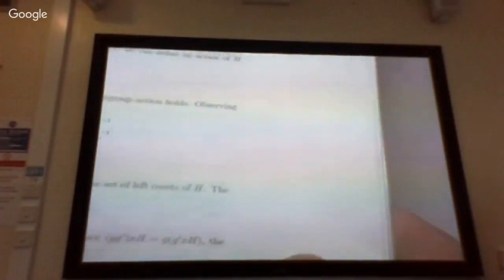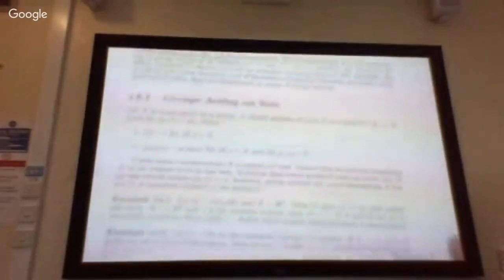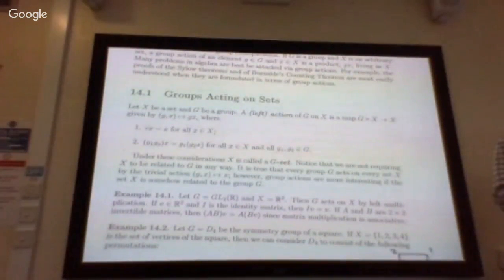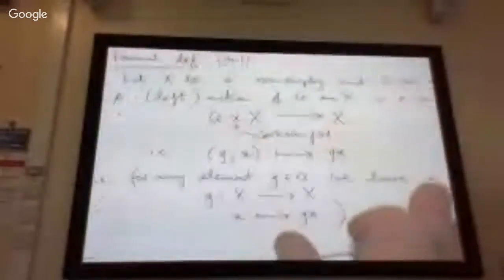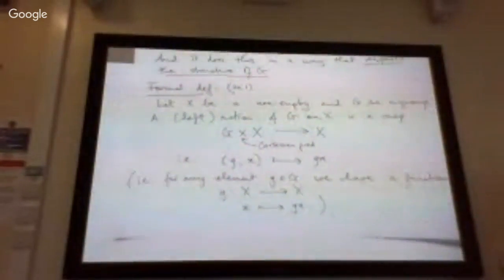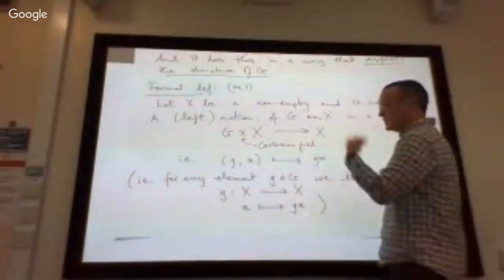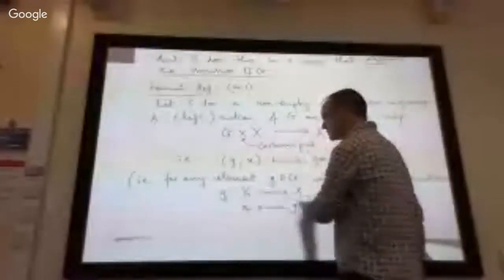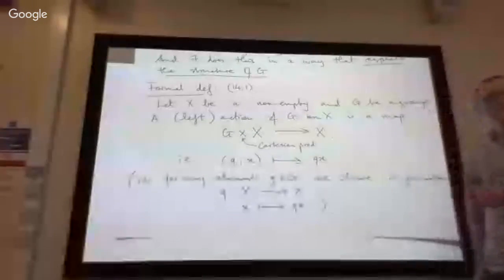Okay, so at this stage, we'll look at another couple of examples now. But any questions just about the basic definition? I think it is quite a natural idea, and it helps to think of it almost very much in this function definition way. So the idea that the group action is this system where when you pick any element little g from the group, it gives you some kind of function from the set to itself.